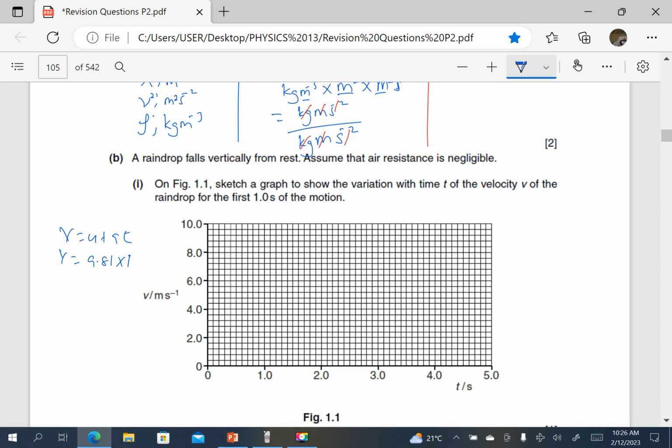So 9.8 at 1. When t is 1, it is at 9.8, around here. The scale on the vertical is 2 divided by 5, which is 0.4. 8.4, 8.8, 9.2, 9.6, 9.8. So it is around there. So I'll draw a straight line. It is here.